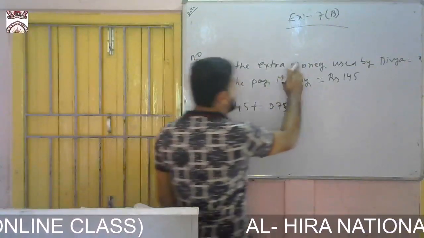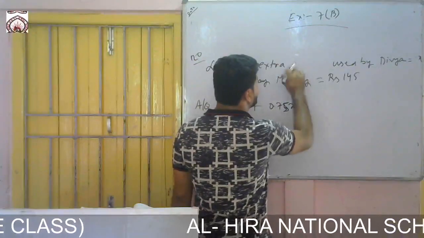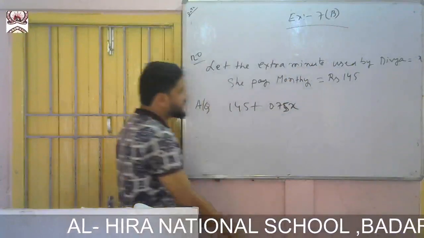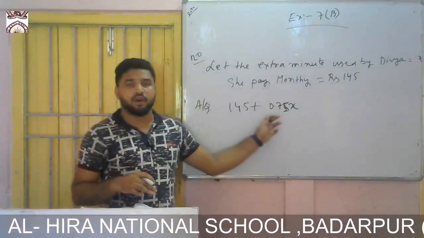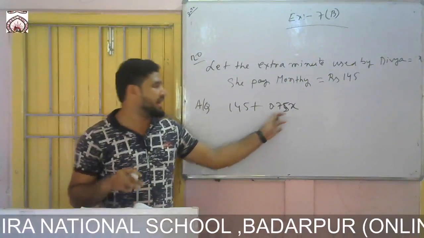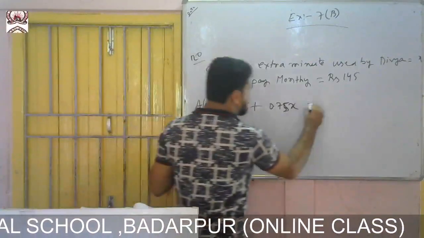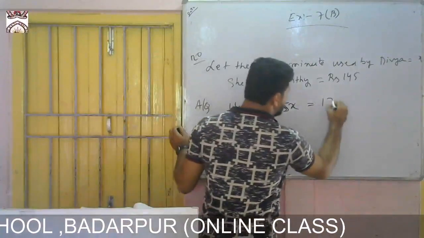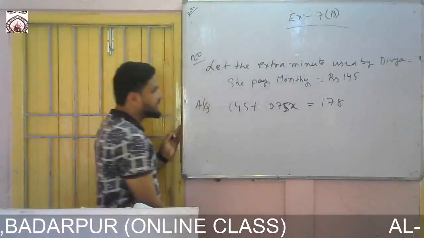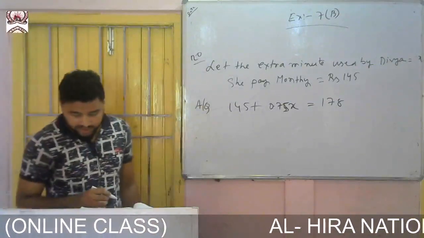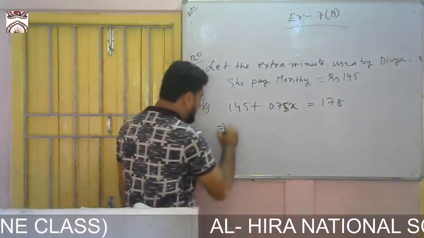So let the extra minute be x, not money. So 0.75 for each extra minute, and this makes rupees 178.